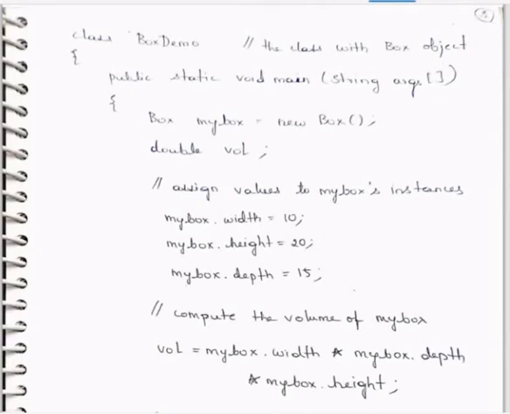I create a mybox object here and try to calculate the volume with respect to mybox. So I'm setting the width value to 10, height value to 20, and depth value to 15, and then calculate the volume using mybox.width into mybox.depth and into mybox.height. So this is how I'm accessing the members and calculating the volume.